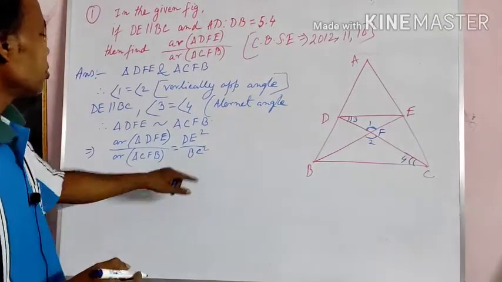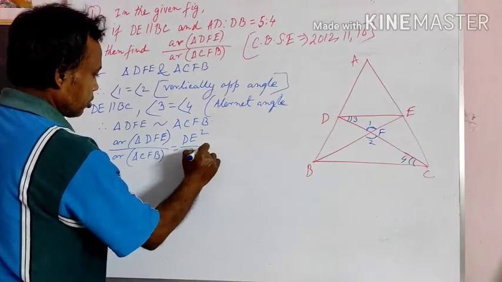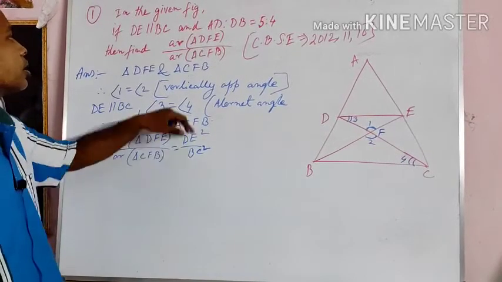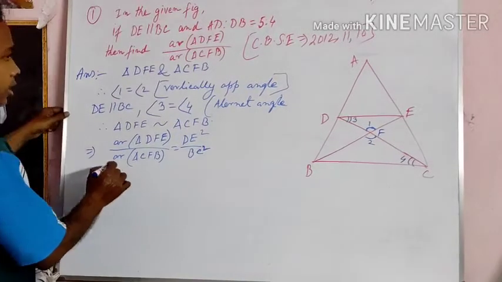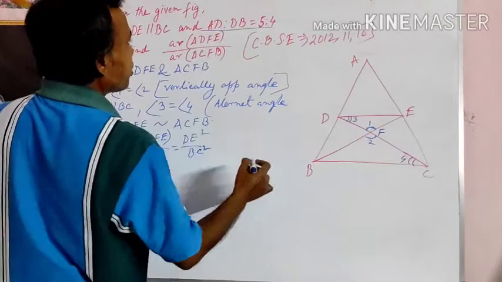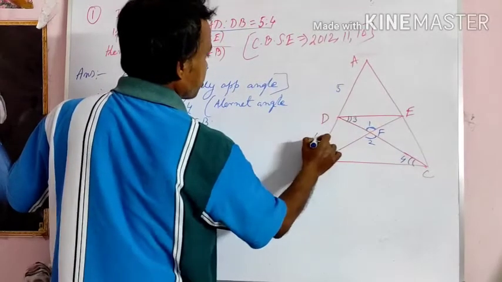Now let us find the value of DE by BC. Then put the value of DE by BC and you will get the ultimate result. Here given AD is to BD is equal to 5 is to 4.